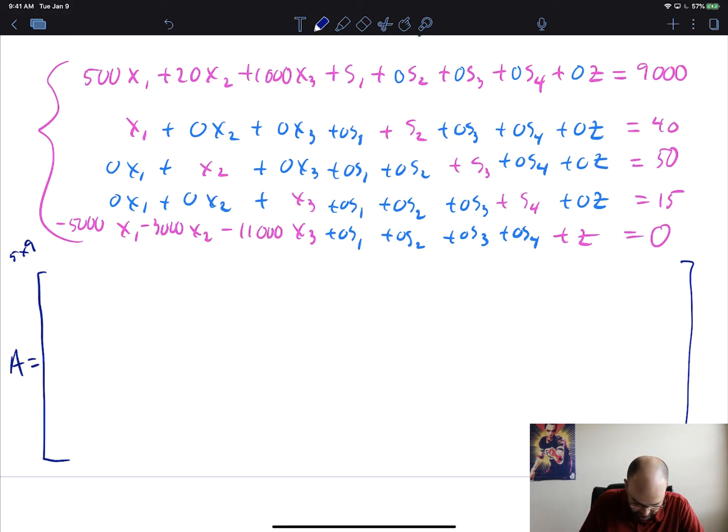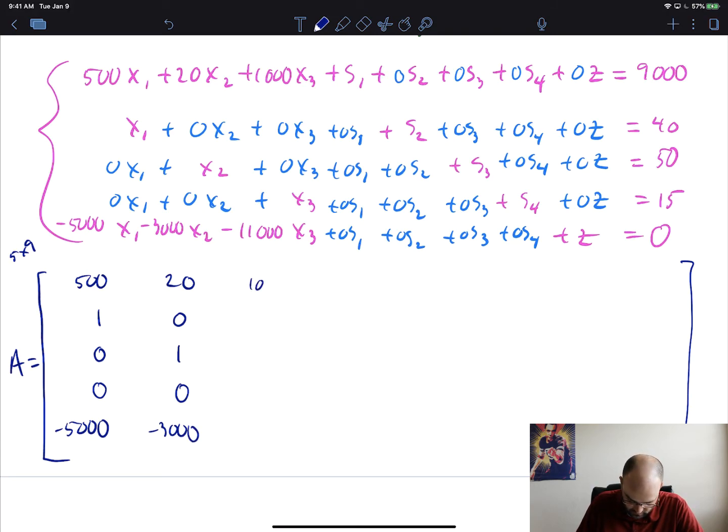So we have 500, 1, 0, 0, negative 5,000. Then we have 20, 0, 1, 0, negative 3,000. Then we have 1,000, 0, 0, 1, negative 11,000. Then we have 1, 0, 0, 0, 0. Then of course 0, 1, 0, 0, 0.